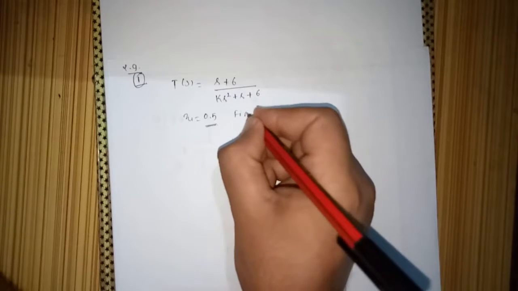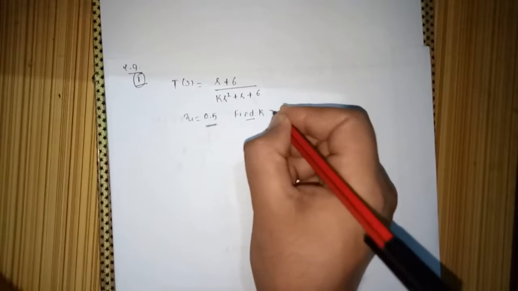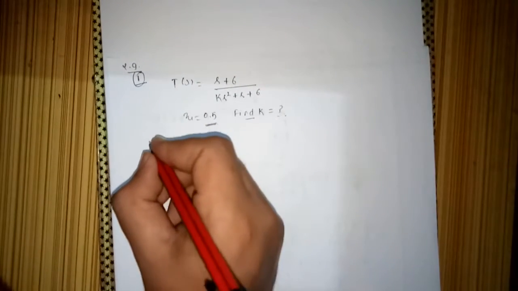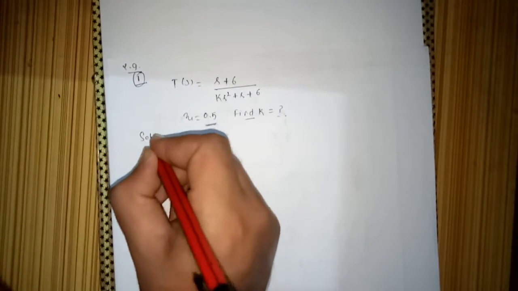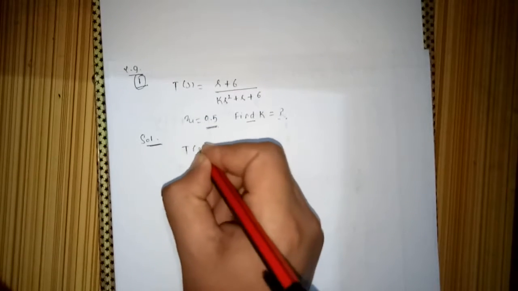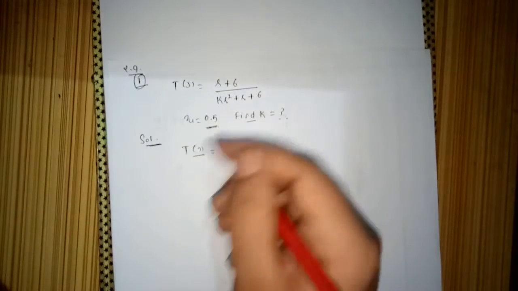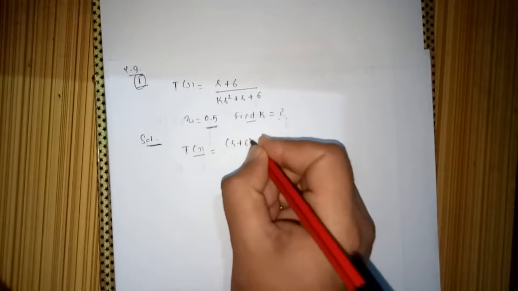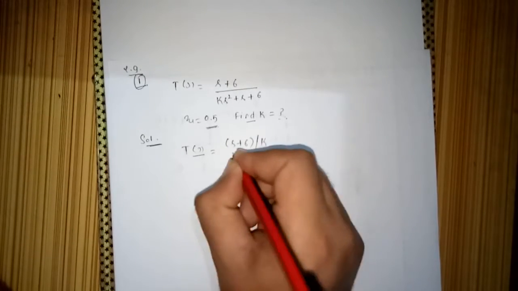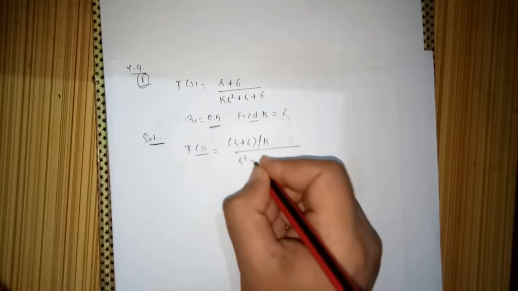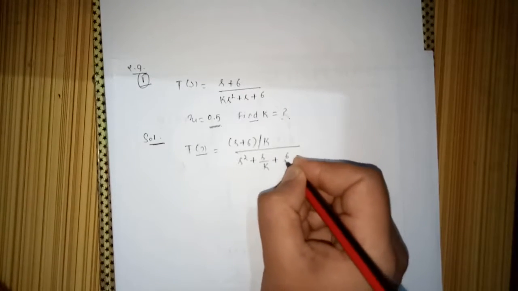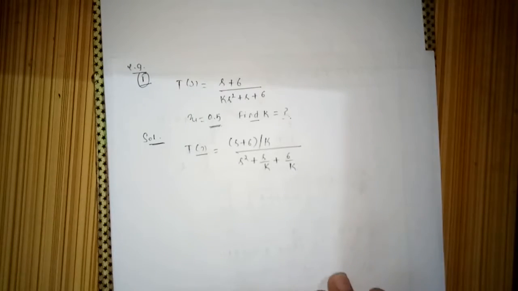Then find the value of k, right? Now how can I find it? Let's write in terms of standard form. When I take standard form, k comes outside, so we get s plus 6 by k, and this is s square plus s by k plus 6 by k, right?